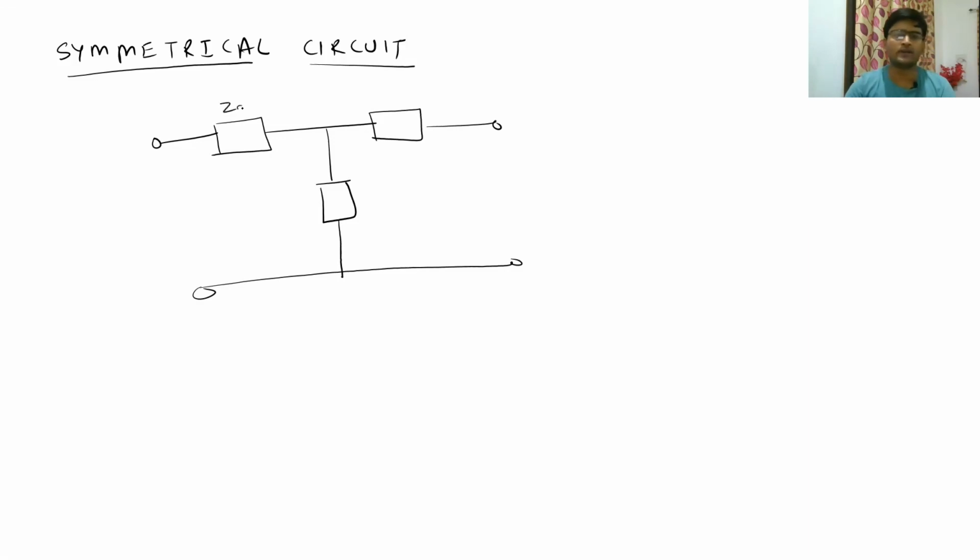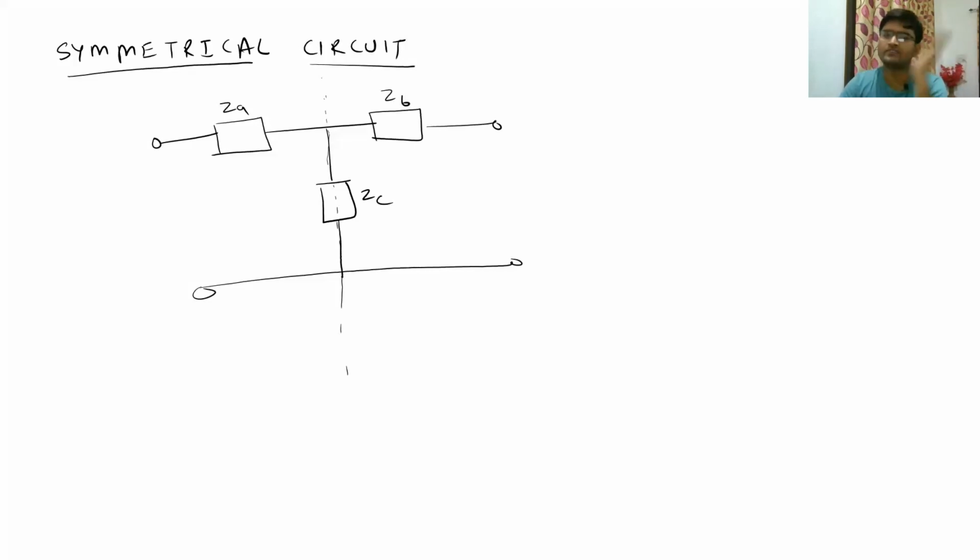So let me call it ZA, ZB, and ZC. So if you see this circuit, and we are talking about left and right symmetry, suppose you draw a line right at the center of this particular circuit, and you put a mirror in between, the circuit should be the exact mirror image of what is on the left side to the right side.